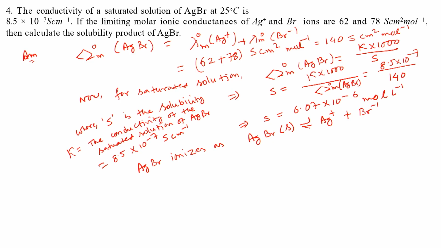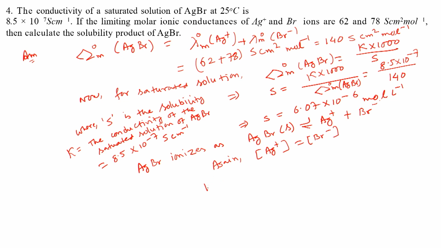So, the solubility of Ag plus and Br minus are equal here. You see the concentration of Ag plus equals the concentration of Br minus here. So, since the concentrations are the same, the solubility is the same.